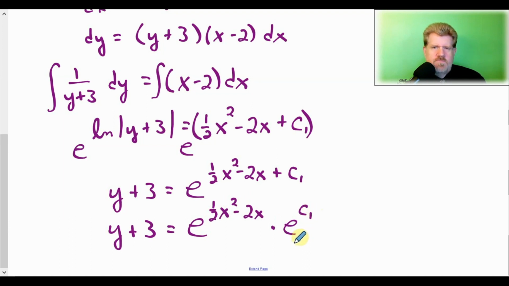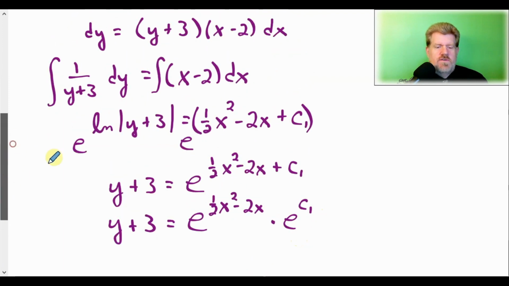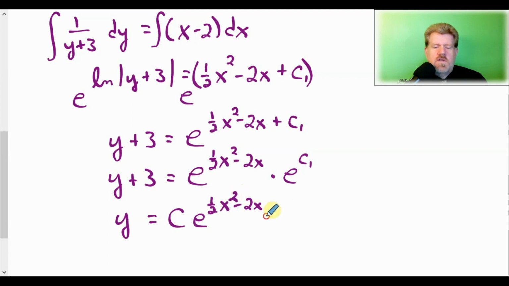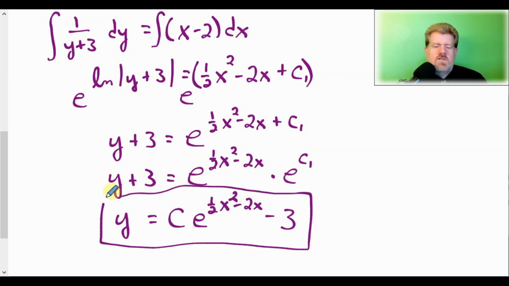Now, what that does is give us, let's move it down a little bit, y equals, this is going to become a big C, we'll put it out in front, e to the 1/2 x squared minus 2x minus 3. So this is the general solution to the differential equation.